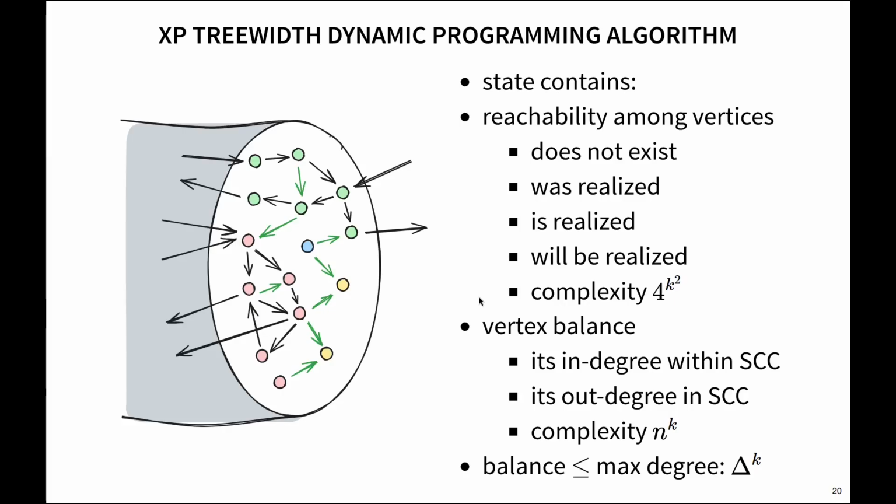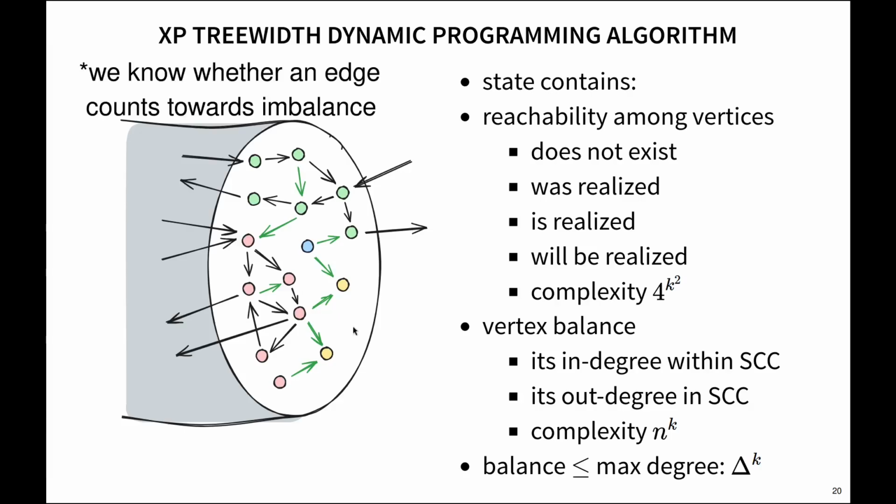Then also we need to keep vertex imbalance for each vertex, which means we count its in degree and out degree within the strongly connected component, but only when in the past graph. But because we know all the reachabilities, also the future reachabilities, we already know all the edges that need to be counted towards this imbalance.